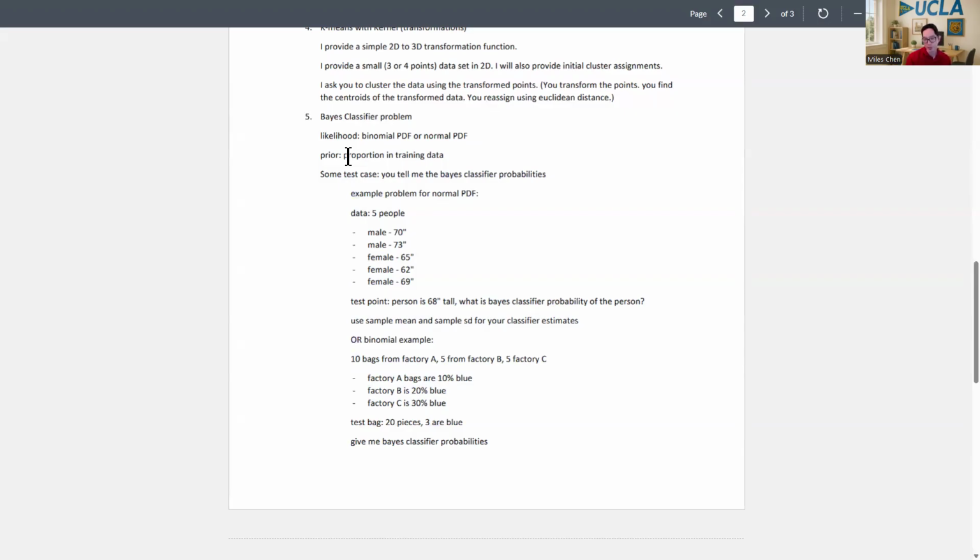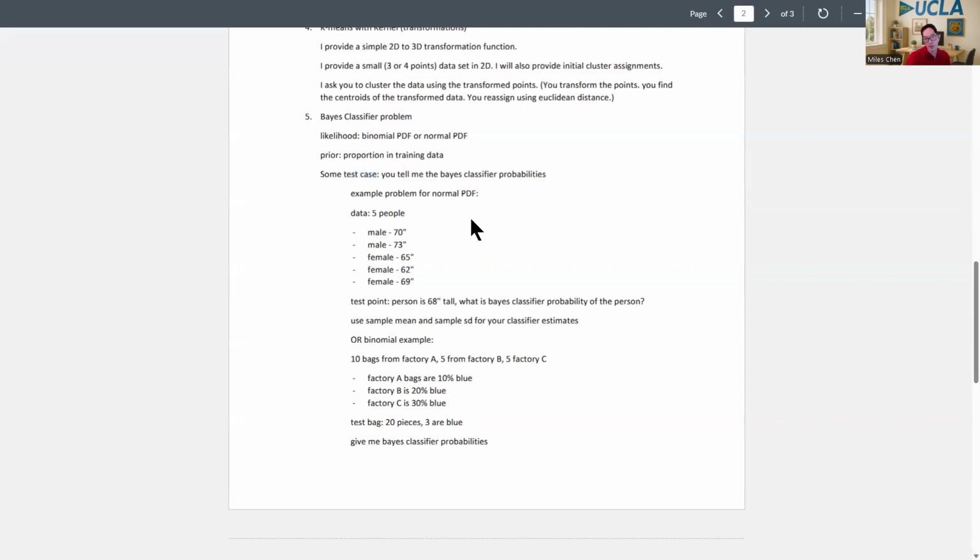So if in the training data it's 75% class A and 25% class B, that's what you'll use for your priors. And then I'll give you a test case with some kind of value. Based on that, I'm going to ask you to give me the probability that it's in class A or class B or something like that, right?